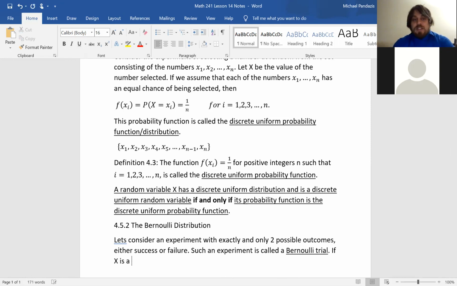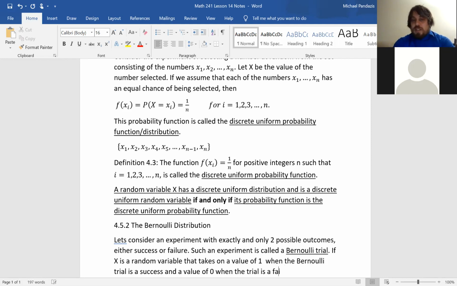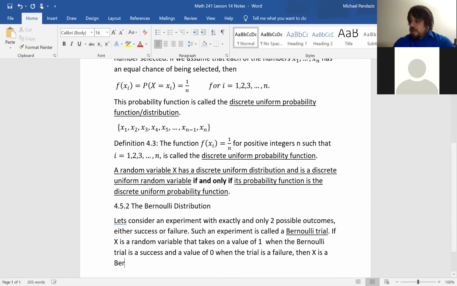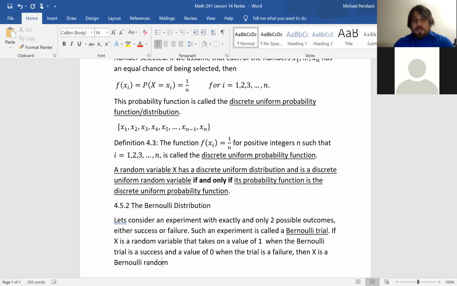If capital X is a random variable that takes on a value of 1 when the Bernoulli trial is a success, and a value of 0 when the trial is a failure, then capital X is a Bernoulli random variable.